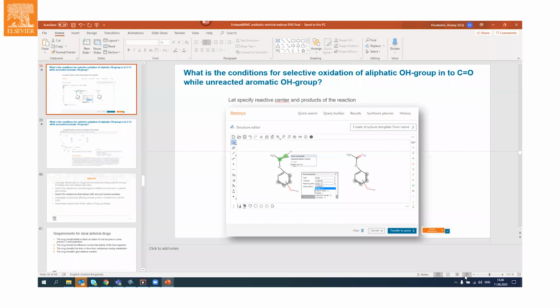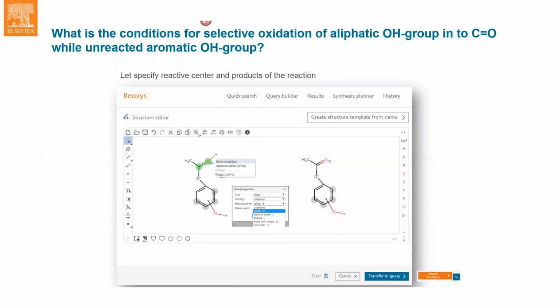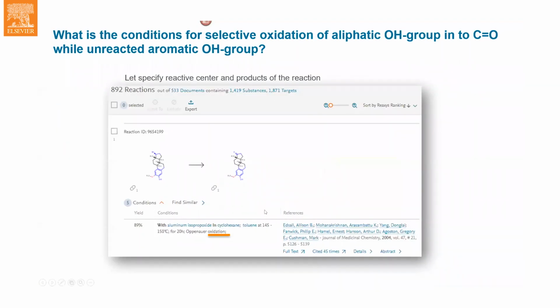And as a result, you will see fewer reactions, and it's exactly the reactions where the structure is kept the same and only one bond acts as a reaction center.